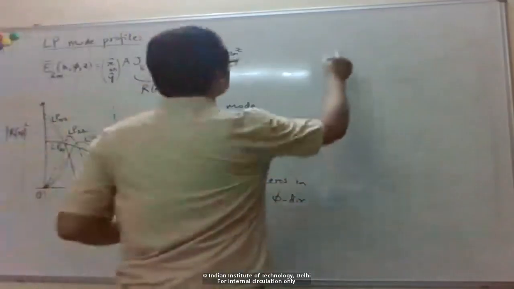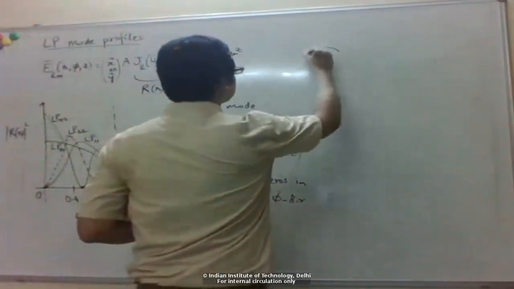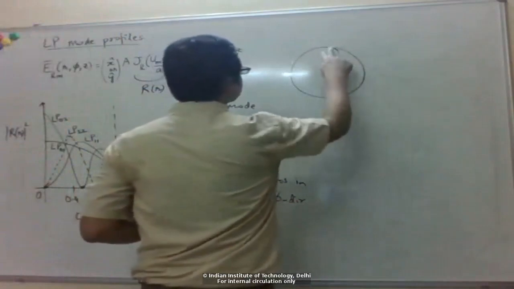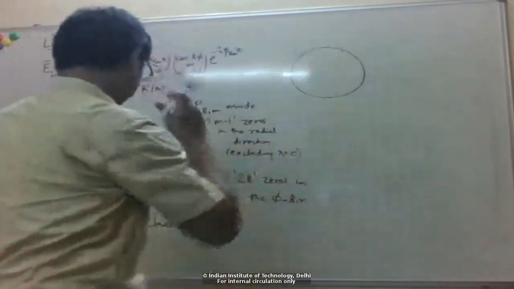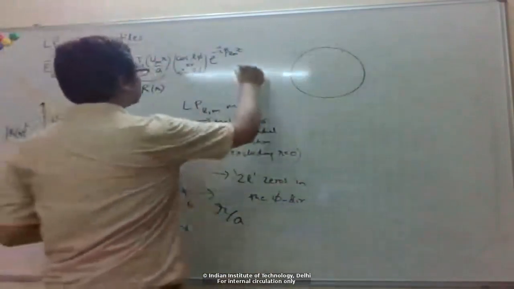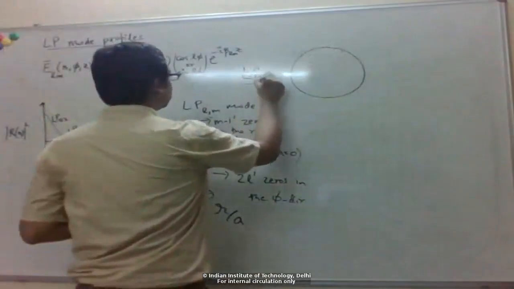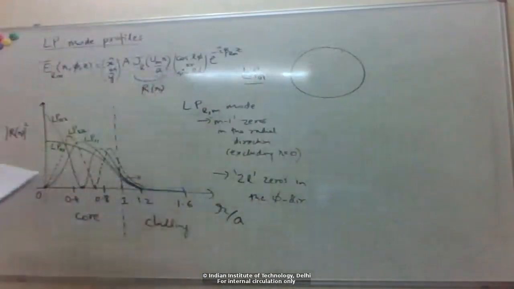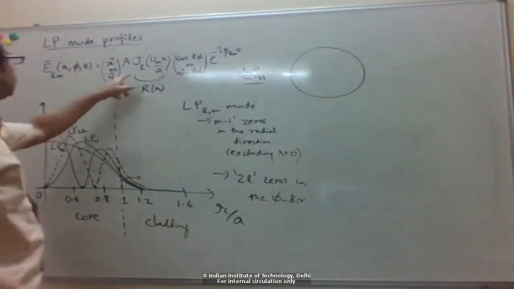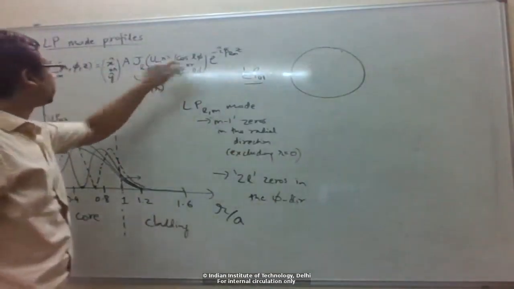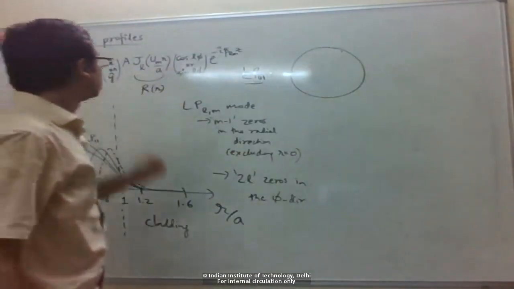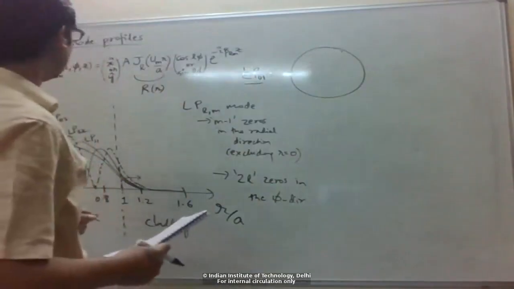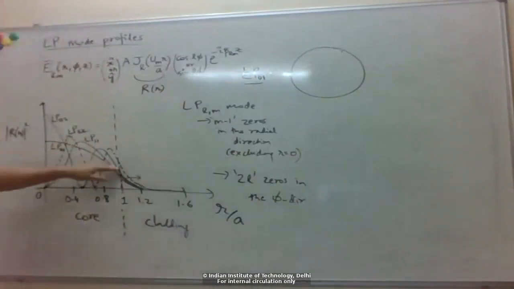So look again at the cross section into the fiber. Now if you look at LP01, L is 0, so there is no phi dependence, right? And the radial dependence just looks almost like a Gaussian function.